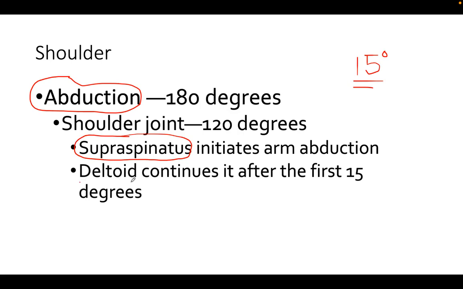It is now the deltoid. So if someone can perform the first 15 degrees but cannot do shoulder abduction beyond 15 degrees, try to picture this out. You have a patient who cannot perform abduction beyond 15 degrees. Question, what nerve is damaged?